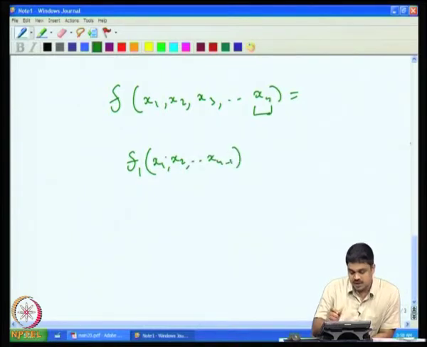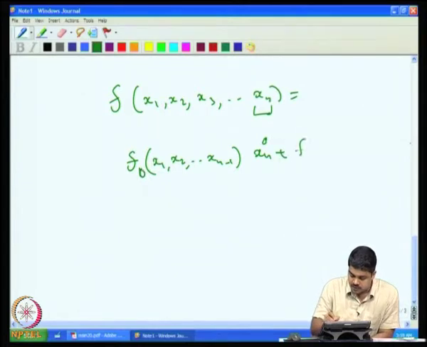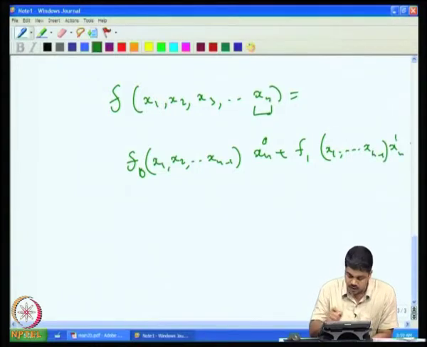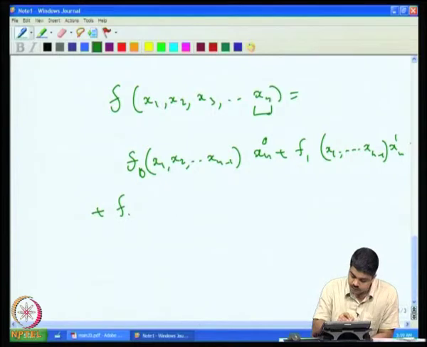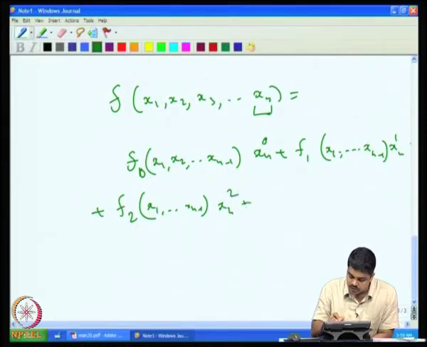So, we can say it is f0 plus f1 of x1 to xn minus 1 into xn raised to 1, plus f2 of x1 to xn minus 1 into xn raised to 2, and so on.